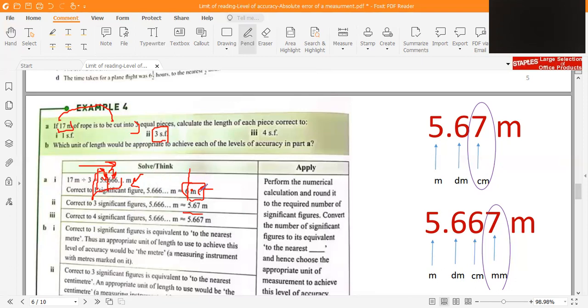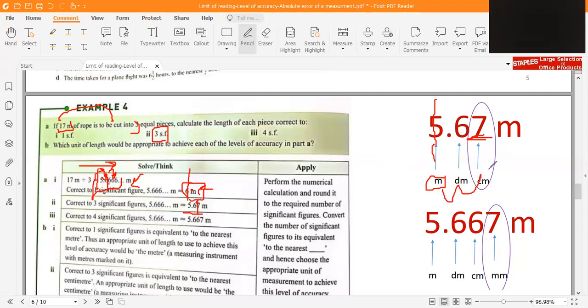We want to search for the appropriate unit of length to achieve this level of accuracy. The last significant figure is here, like we see here. The unit corresponds to the measurement unit that we have. On the right, we have decimeter, centimeter.